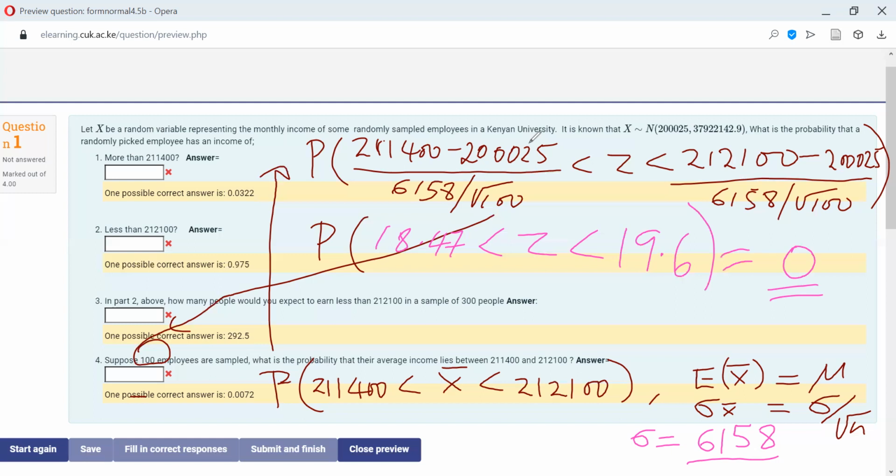I need to check something else. Yeah, this is strange because the values are large, but anyway, if you read this from the tables, 19.6 minus phi of 18.47, it should become 1 minus 1, which is 0.